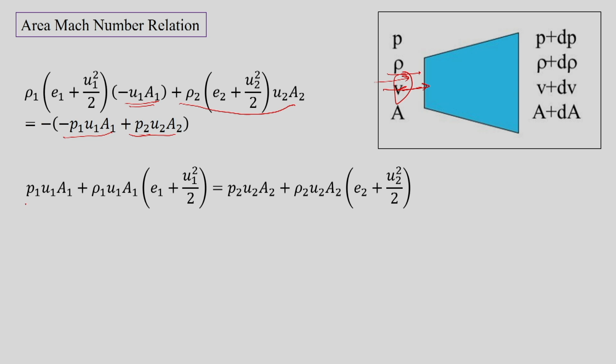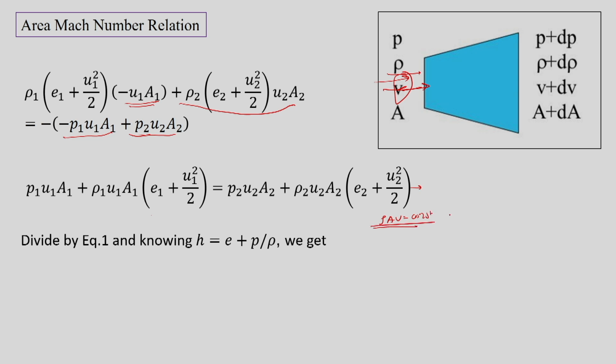We will rearrange the terms in this expression. We would get rho 1 u1 A1 into p1 by rho 1 plus rho 1 u1 A1 into (e1 plus u1 square by 2) is equal to the same two terms at the outlet. Let us divide by equation number 1, which says that rho A u is constant.